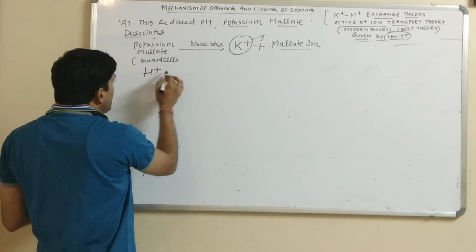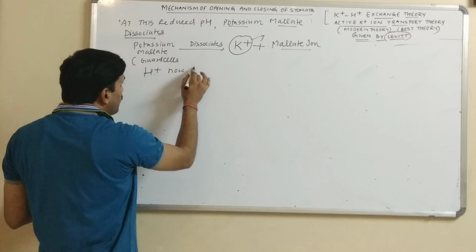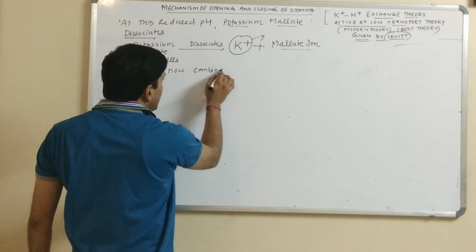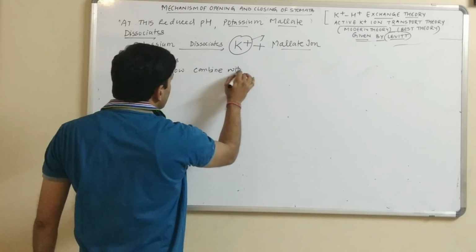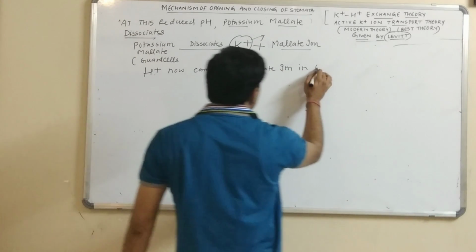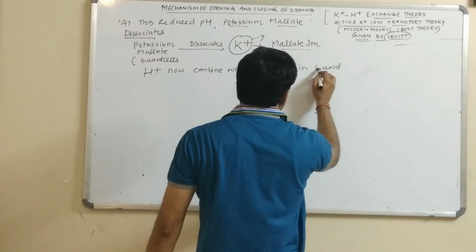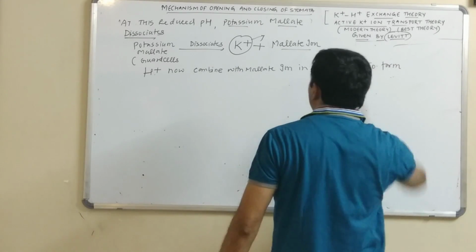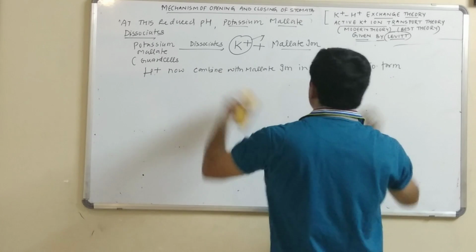So H plus ion now combines with malate ion in guard cells to form, in the same way, what will be formed?